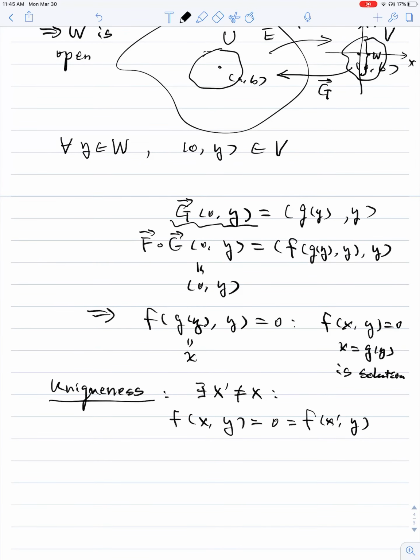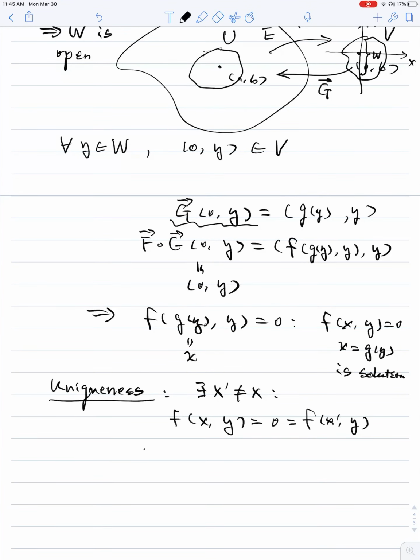That means capital F at (x, y), which is (0, y), is also the same as F at (x prime, y).